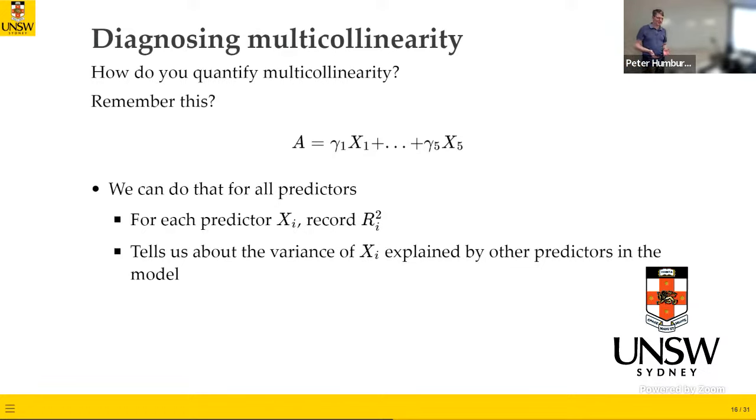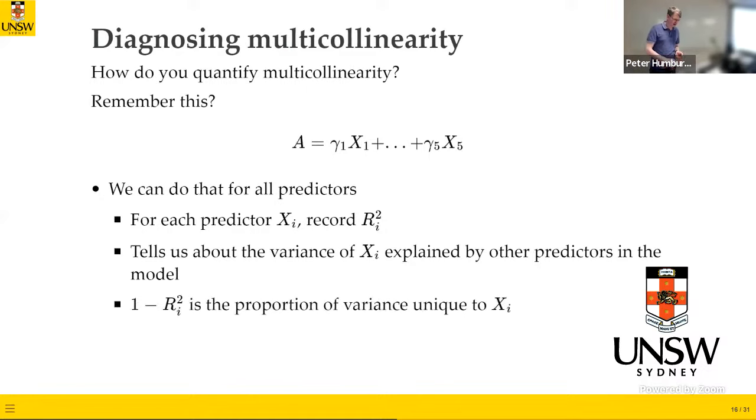And you can probably see how this will start to tell you about the presence of multicollinearity. And then similarly, you can think of 1 minus that R-squared value as the unique variance in that predictor. And in our example with A and the x's, that obviously was 0, which is why R freaks out a bit.